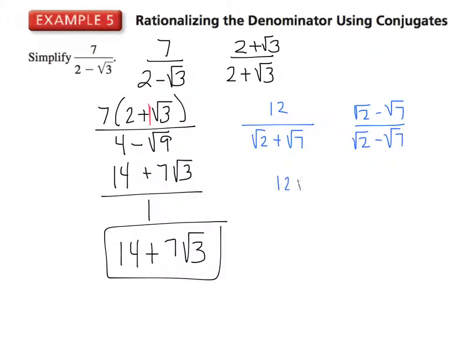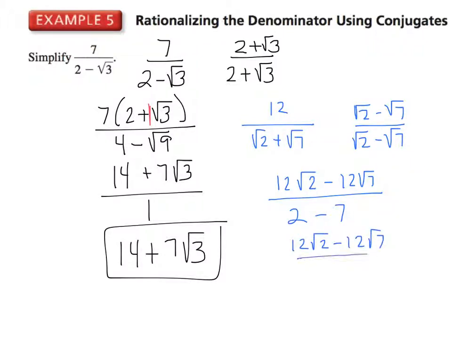That gives me 12 root 2 minus 12 root 7. On the bottom, I would take root 2 times root 2, which is root 4, which is 2. Root 7 times root 7 is 7. That would give me negative 5. So 12 root 2 minus 12 root 7 over negative 5.